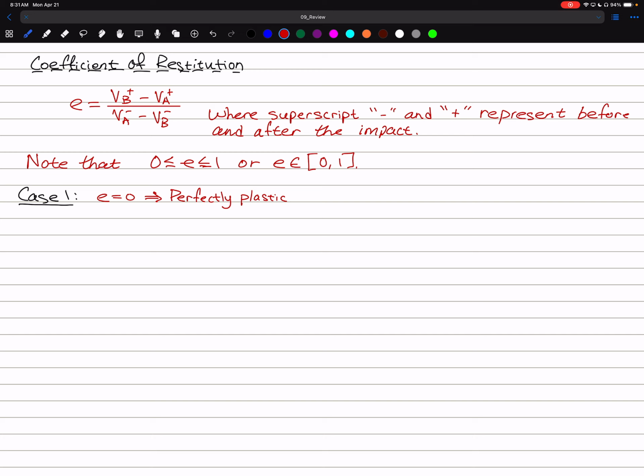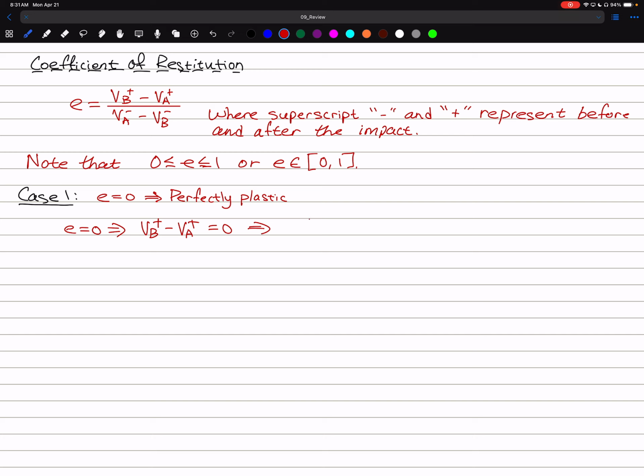So if e is equal to 0, just looking at our equation above, we'll find that VB⁺ minus VA⁺ must be equal to 0.